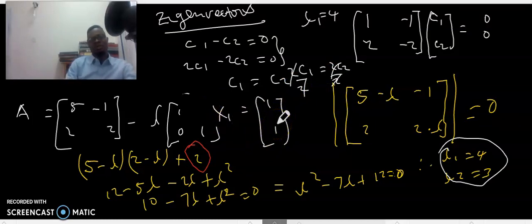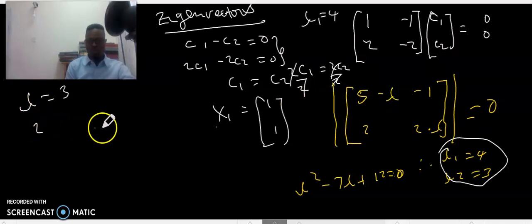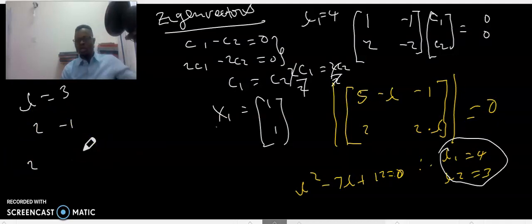So then we need to find a corresponding vector for lambda 2 when lambda is equal to 3. Replacing our value the same way we did in the first equation, when lambda is equal to 3, we simply have 5 minus 3 is 2, then we have negative 1, we have 2, then we also have 2 minus 3, that will give us negative 1. So this is a negative 1.